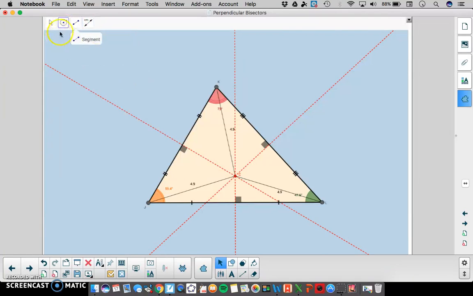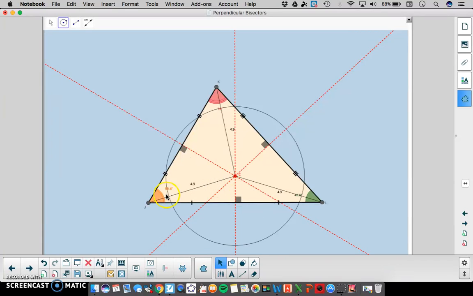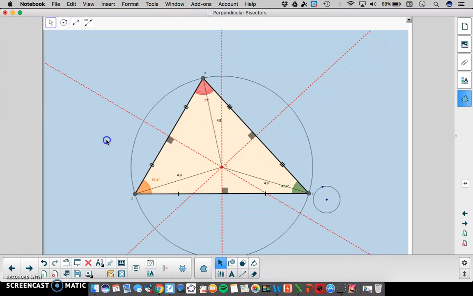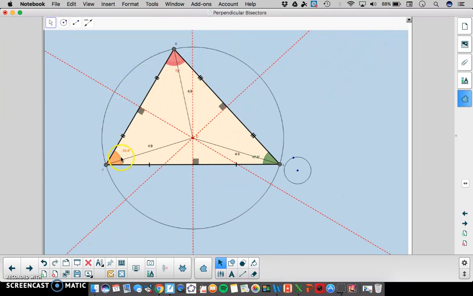So that's what I'm going to do. I'm going to draw a circle through these points. Notice that each one of those points of the triangle is on that circle. So what we've actually done is what's called circumscribing a triangle. We've drawn a circle around the triangle where the triangle's vertices are 3 points on that circle.